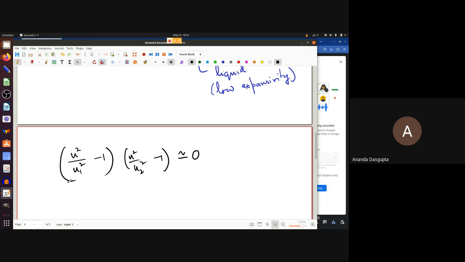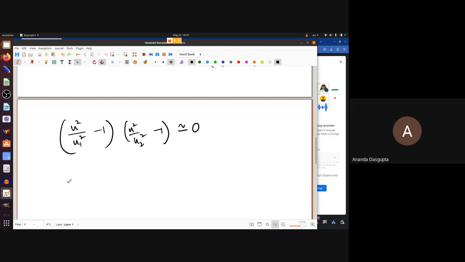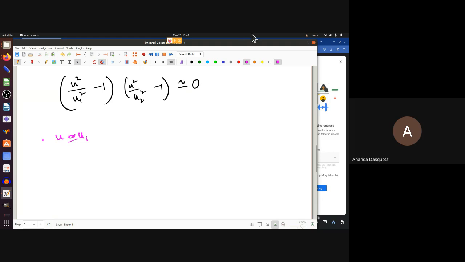So what are the two solutions possible? One solution is u equals u1, at least approximately. And the other solution is u approximately equal to u2.